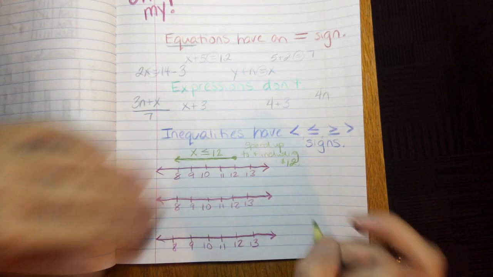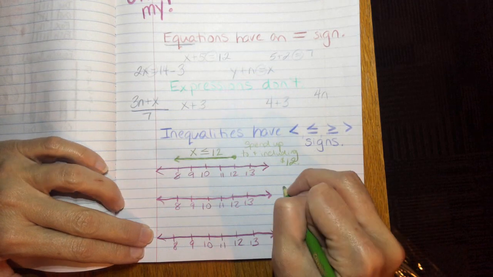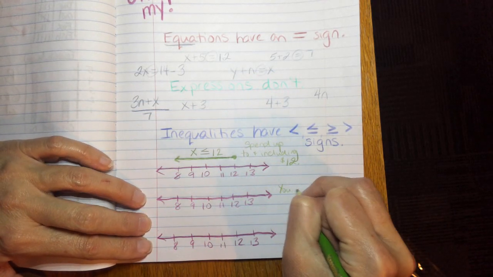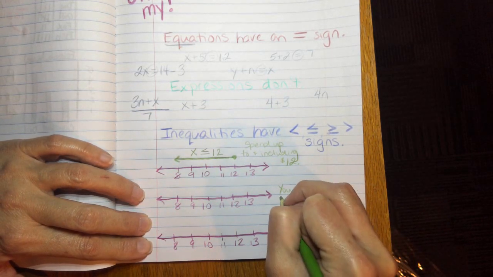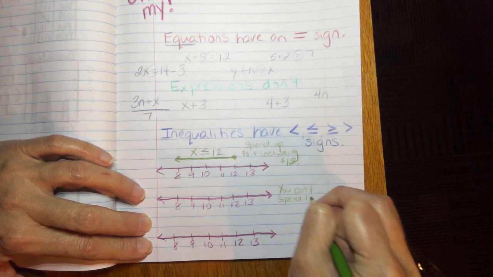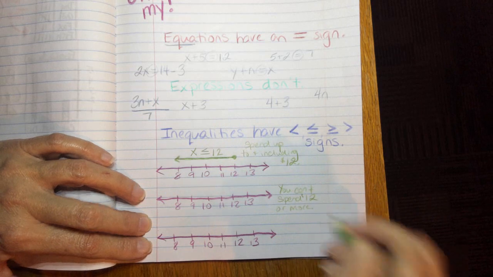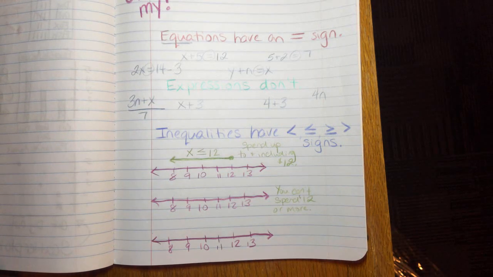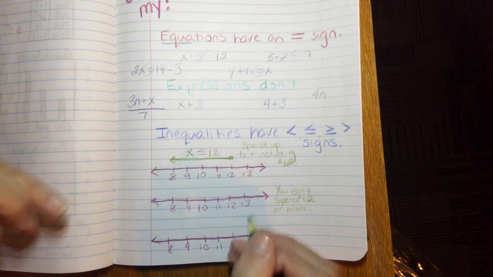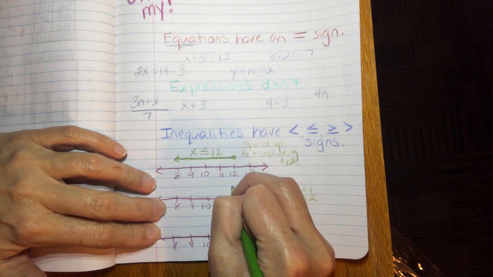Well, let's say it's the same situation, but this time the rule is you can't spend 12 or more, okay? You can't spend $12 or more. So, like, you can spend $11.99, but you can't spend 12, okay?